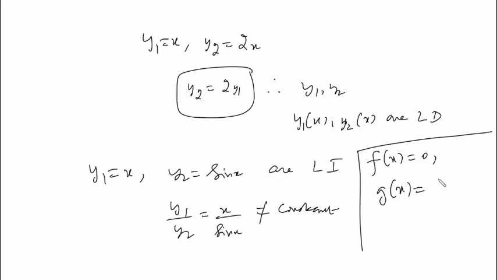In 2 also it is applicable. Whatever g(x) I give you, you take this ratio f by g, that is 0. You can say f is 0 times g(x). 0 is a scalar multiple, it's counted in that. So this will be a set of LD.